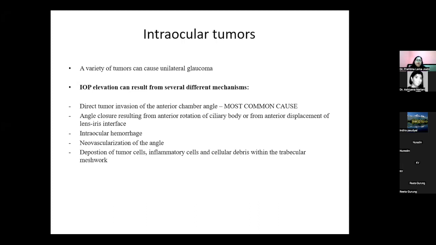The most important and common is direct tumor invasion of the anterior chamber angle, or it can also cause raised intraocular pressure and angle closure glaucoma due to rotation of the ciliary body and anterior displacement of the lens iris diaphragm. There may be raised intraocular pressure and glaucoma due to intraocular hemorrhages, neovascularization of the angle, and deposition of tumor cells or inflammatory cell debris in the trabecular meshwork.